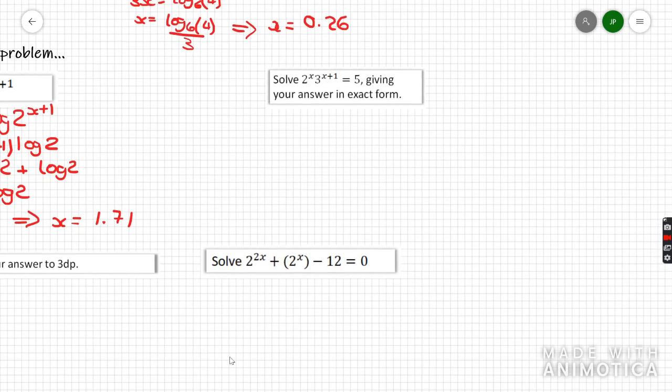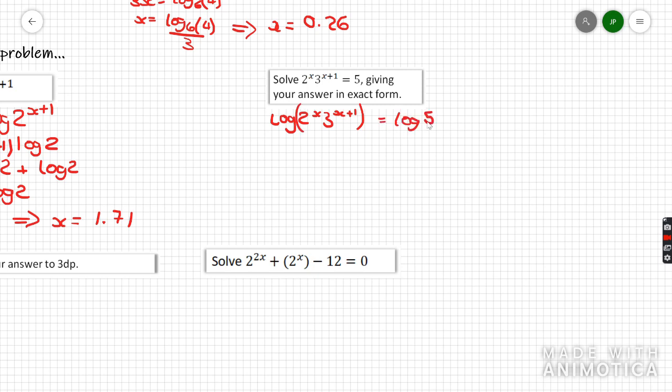Let's just have a quick look at the next one. So what equals 5. Okay, so we are going to start the same as before. We will start by logging both sides. Okay, so what we will get is log of 2 to the x times 3 to the x plus 1, we'll stick that in brackets, equals log 5.